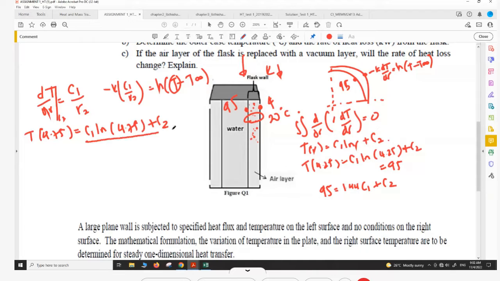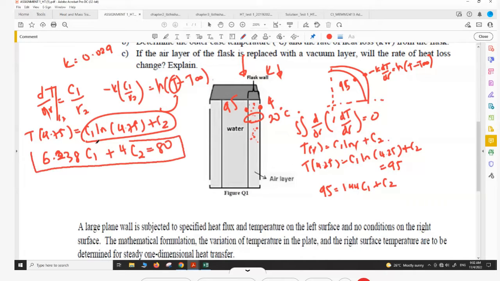And then you replace this part into here. Okay. With k value of air of 0.029, more or less. So you are going to have a function, so with 6.238 C1 plus 4 C2 equal to 80.